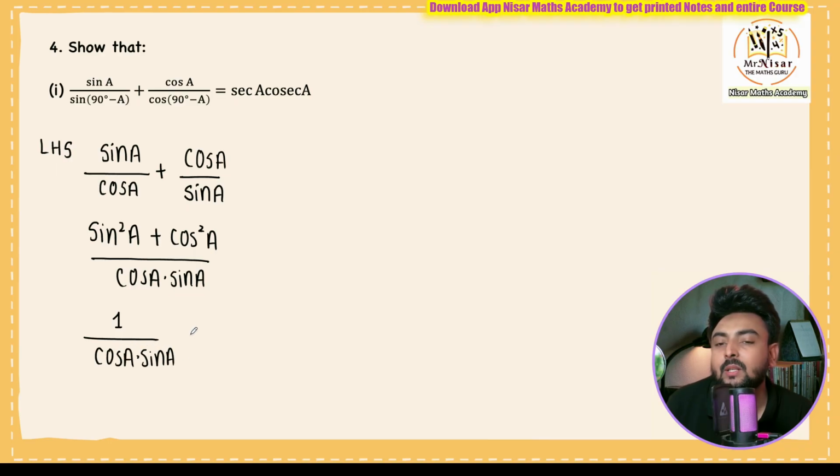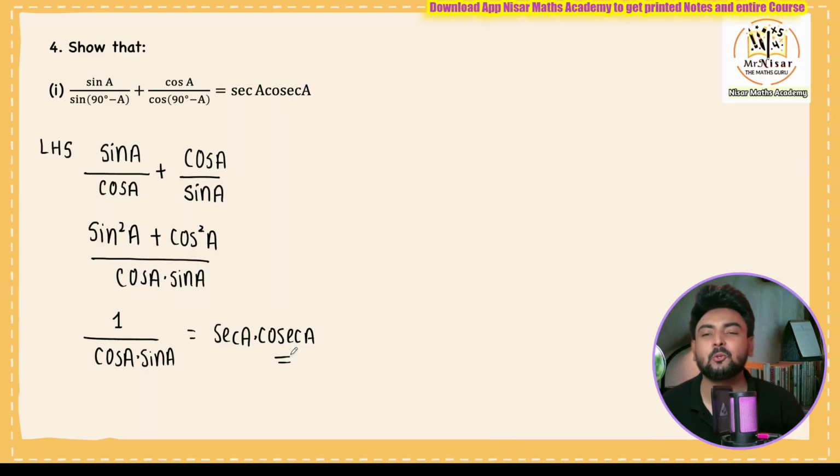And 1 by cos becomes sec a, and 1 by sin becomes cosec. This is your answer. Very simple question it was. Just we have written the complementary angles, sin 90 minus theta and cos 90 minus theta. Let's move ahead for the next question.